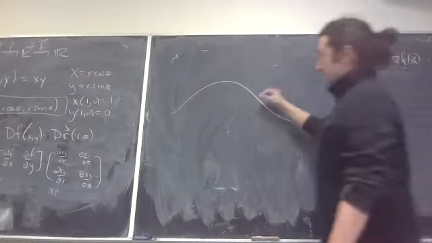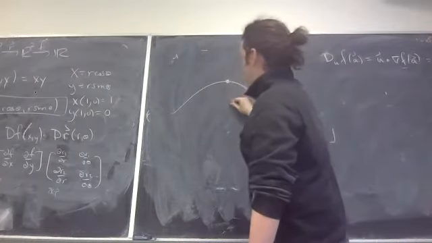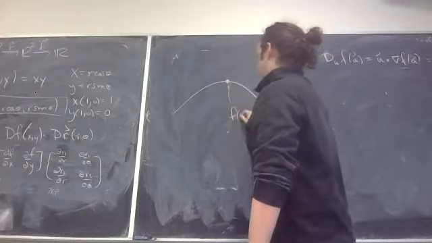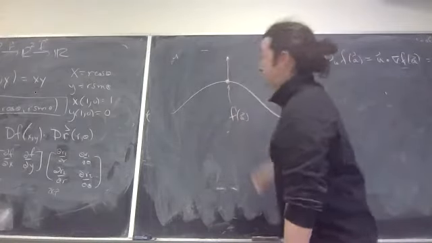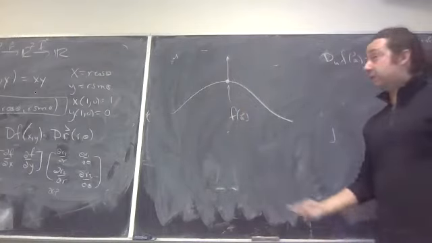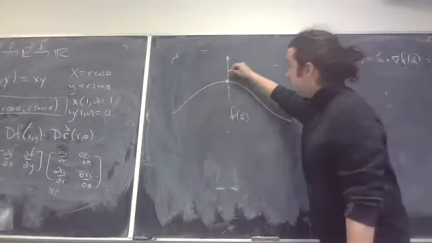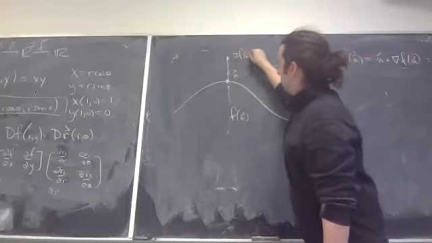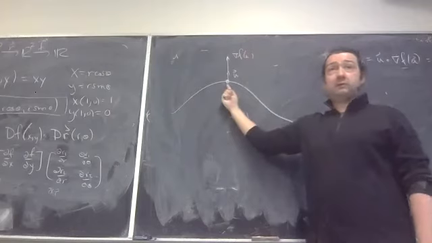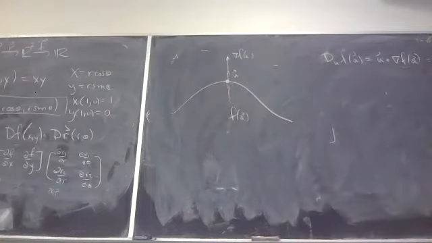So if you're at some point on this curve, which is f at a, and you compute the gradient, you're pointing this direction. When u is a unit vector pointing in the same direction as the gradient, that's when the directional derivative is maximized, and its value is this.